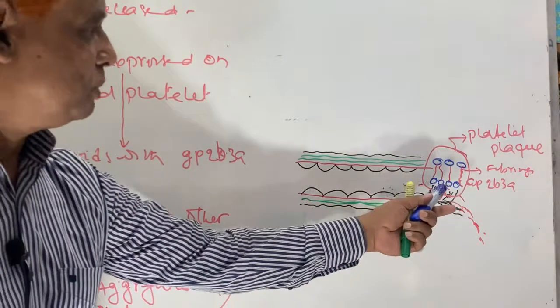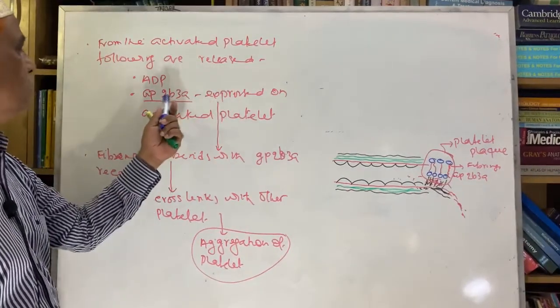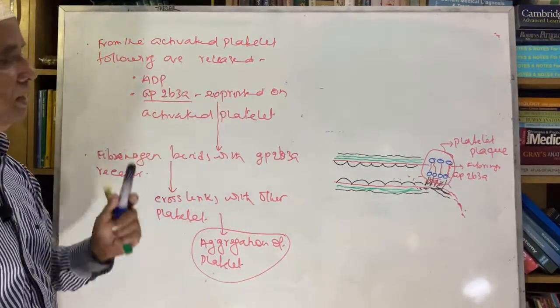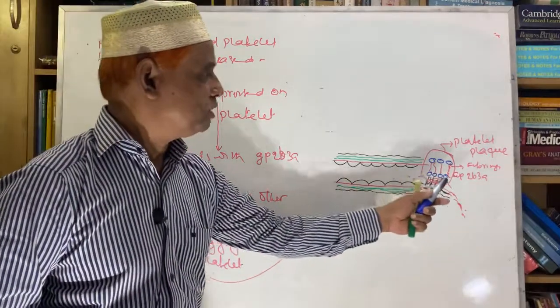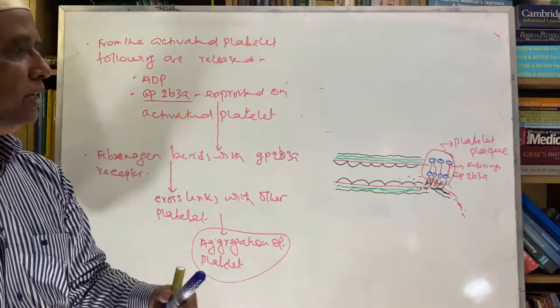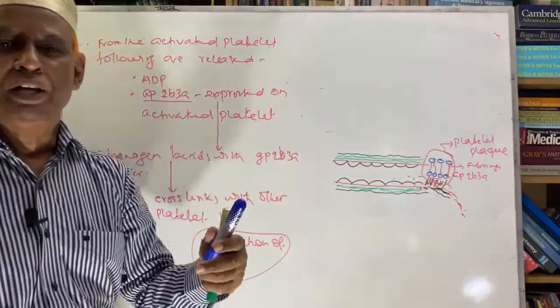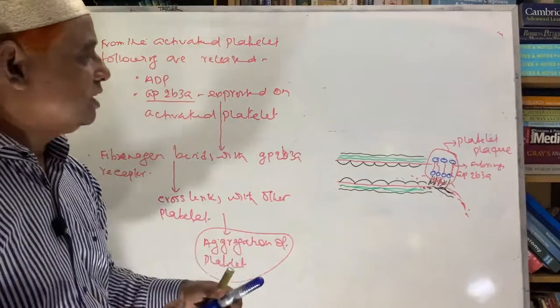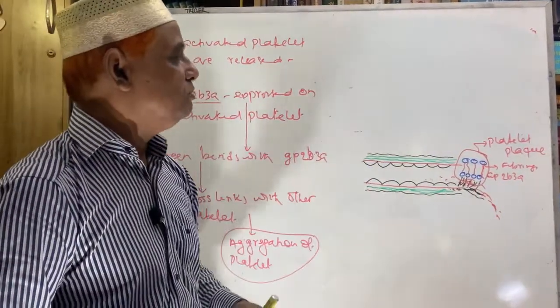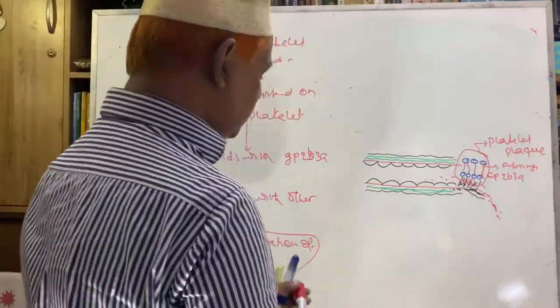Due to activation of platelet, there is release of ADP, and expression of another receptor 2B3A, and this receptor binds with the fibrinogen. Then fibrinogen cross-links with the activated platelet and other platelets and makes platelet aggregation. This aggregated platelet along with the fibrinogen is called platelet plaque, and this platelet plaque is unstable.